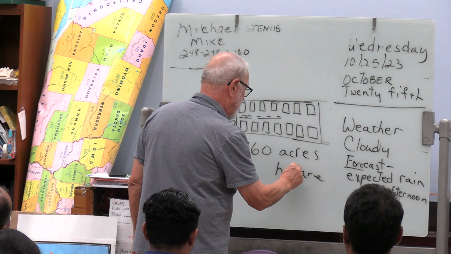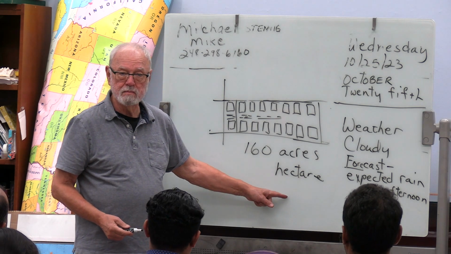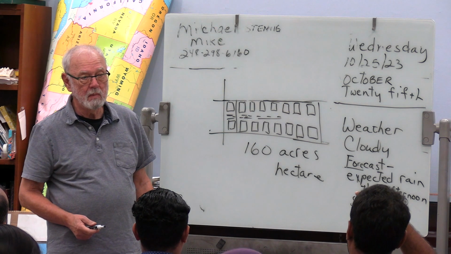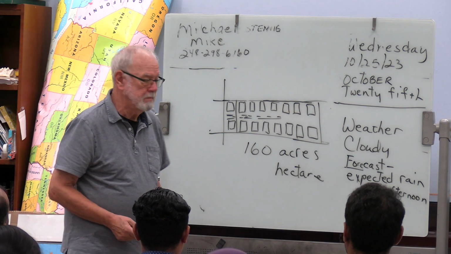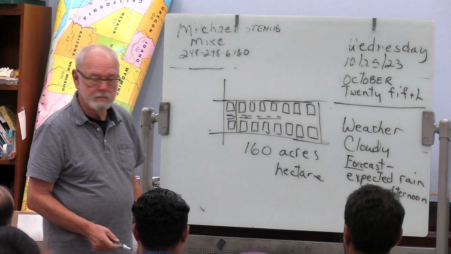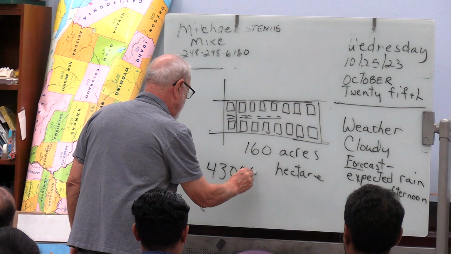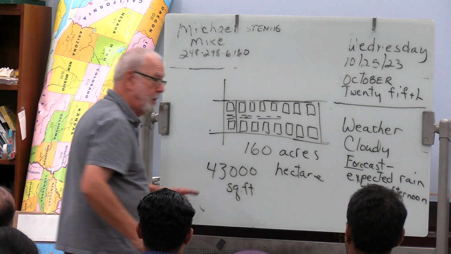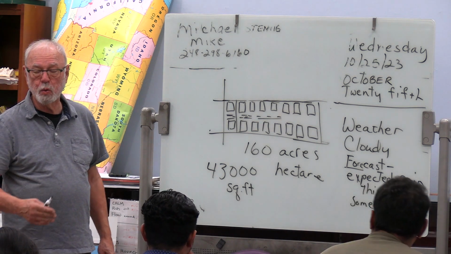In many countries, they use the term hectare. I think it is 60 meters by 60 meters. How many square feet is an acre? About 43,000 square feet.